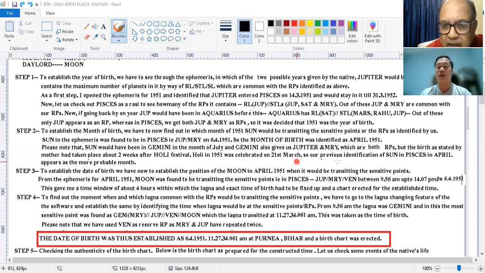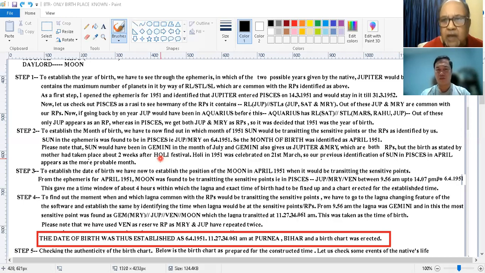So our previous identification of Sun in Pisces in April appears as the more probable month, because the mother had said you were born some 10 to 15 days after Holi. Holi in India is celebrated sometimes in March and sometimes in April.